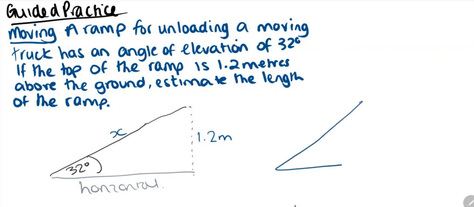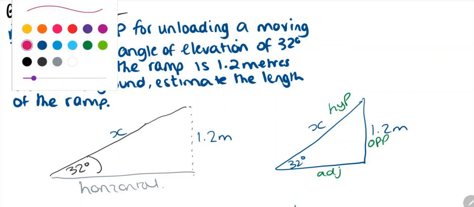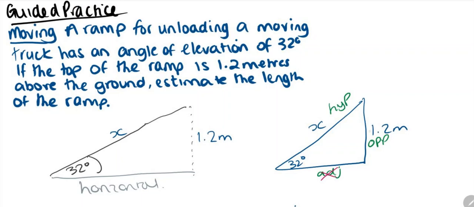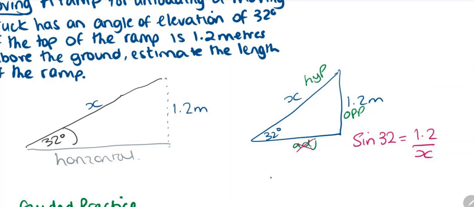So let's draw this as a triangle. 32 degrees, 1.2, and this is x. Label our sides: hypotenuse, opposite, and adjacent. We can see straight away we don't need adjacent. Opposite over hypotenuse is sine. So we have the sine of 32 is equal to 1.2 divided by x.